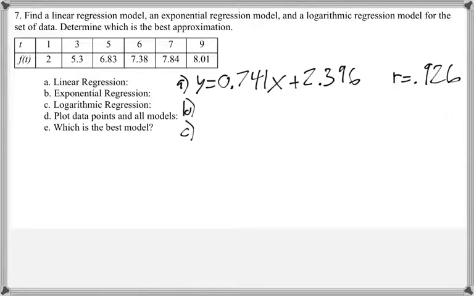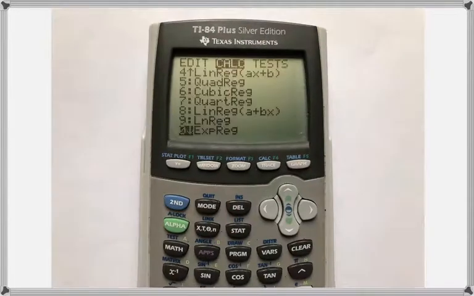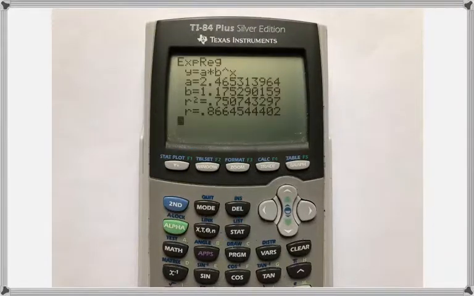Okay, let's find the exponential regression. Again, we don't need to enter in the data again. It's already been entered. We are running 3 different scenarios on the same set of data. So I want to go back to stat calc and then calculate the exponential regression, and there's my numbers.